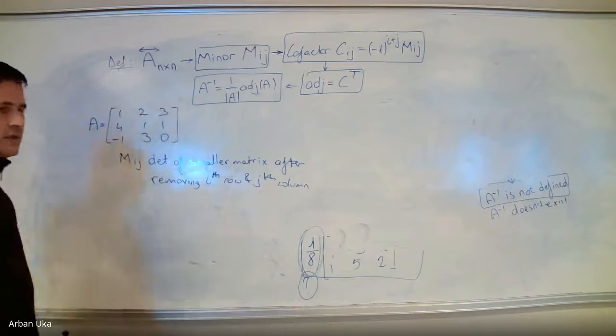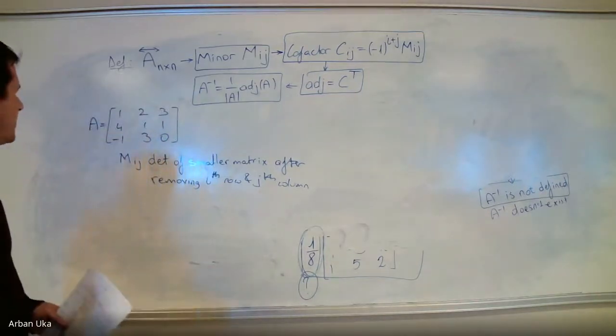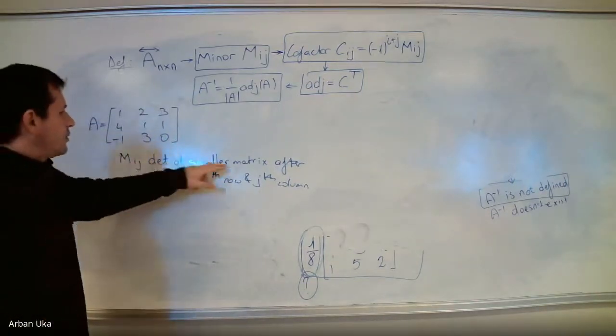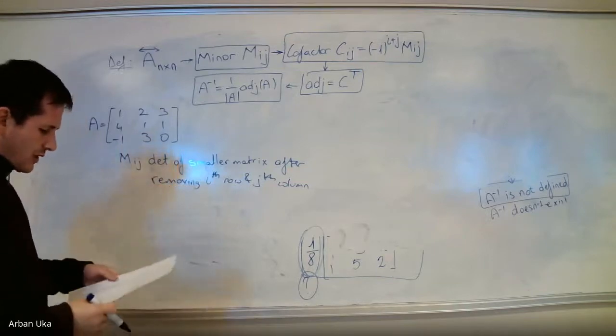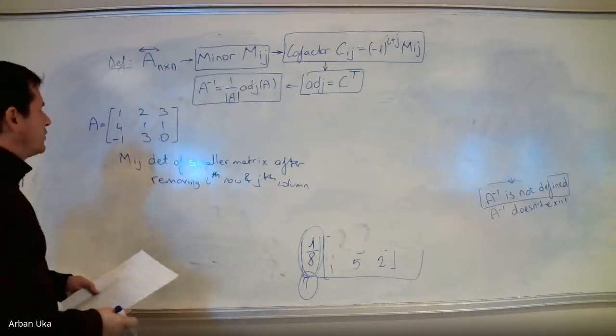So Mij, what is it? They are numbers, but each will be the determinant of a smaller matrix after we remove the ith row and jth column. So let's try to determine these then.